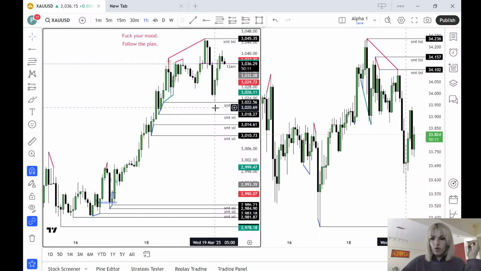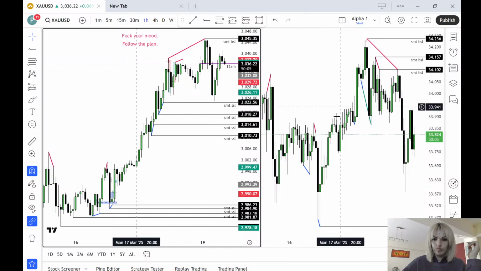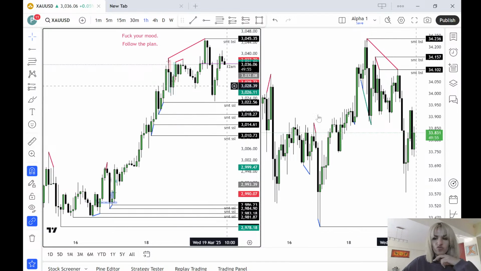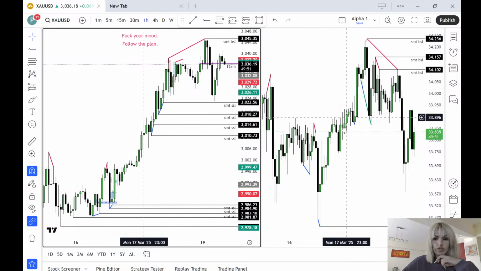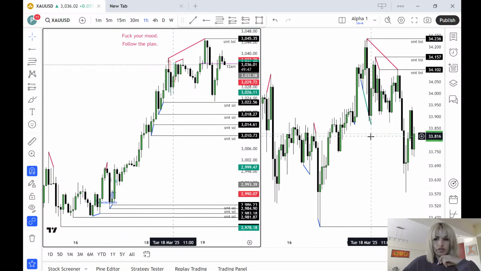I'm checking for SMT divergences to see exactly if there are any. All right. And there are a lot, frankly. Quite a lot.